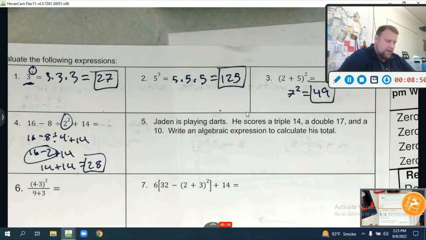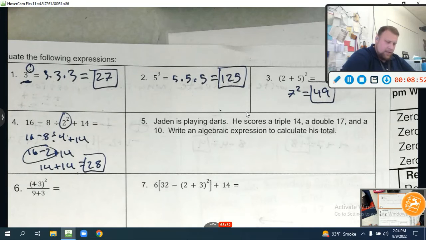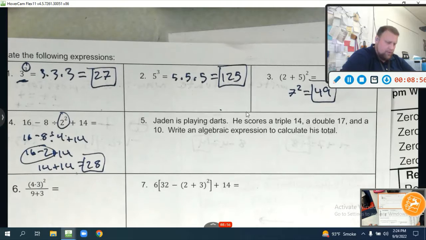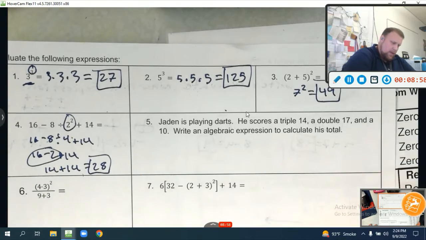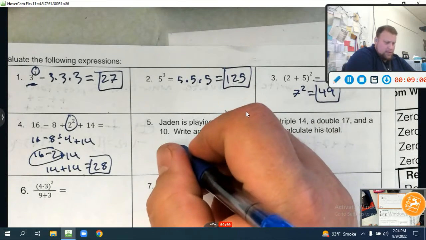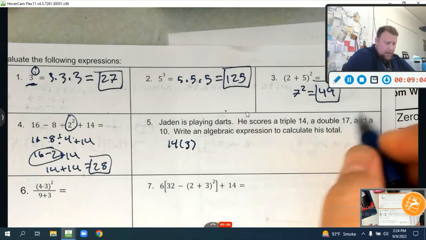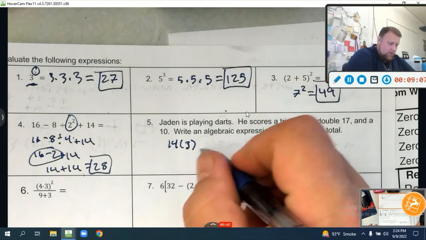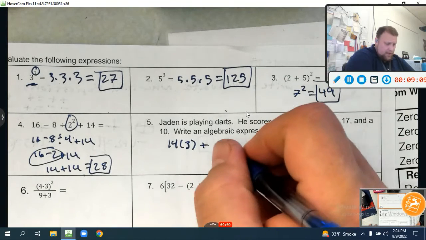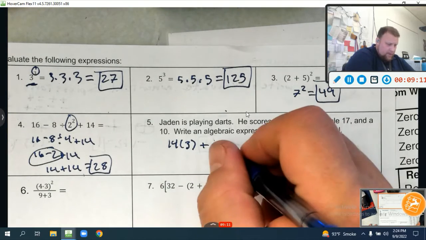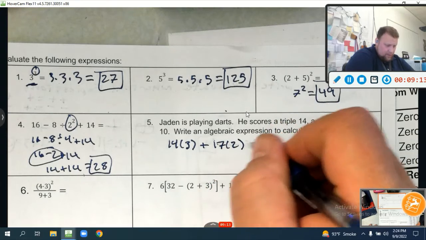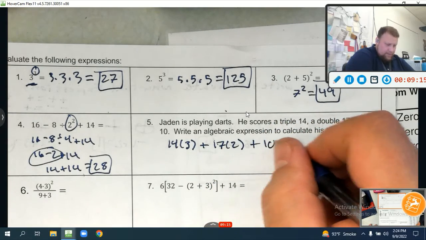Jaden is playing darts. He scores a triple 14, a double 17, and a 10. Write an algebraic expression to calculate his total. Okay, so triple 14 is 14 times 3, right? And we're adding these all together to get the total score. So plus a double is 2 times, so we're going to have 17 times 2 plus 10.